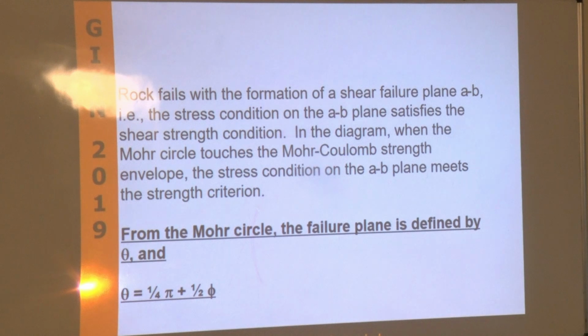Okay? That is something you need to remember, because that will also give you a very nice way to see if what you are doing, especially in modeling, makes sense or not.